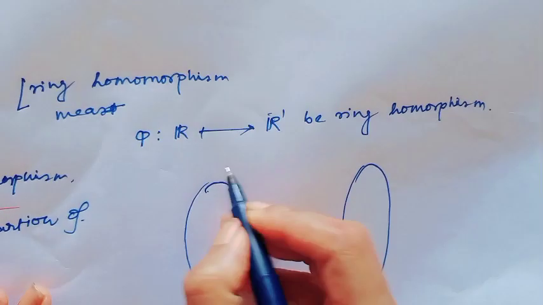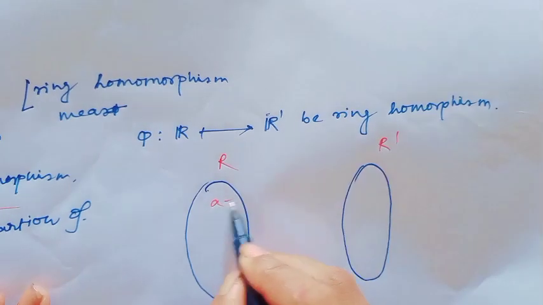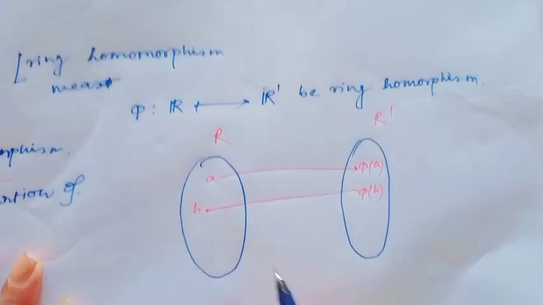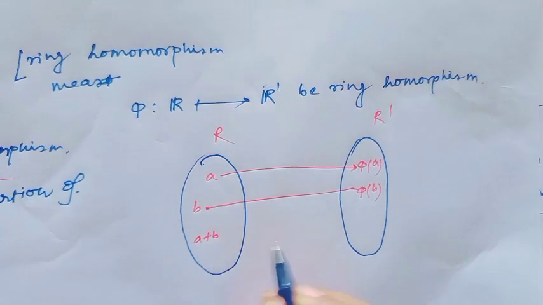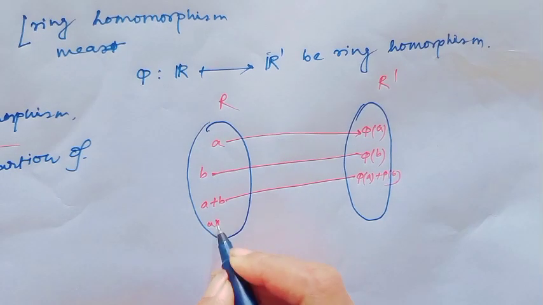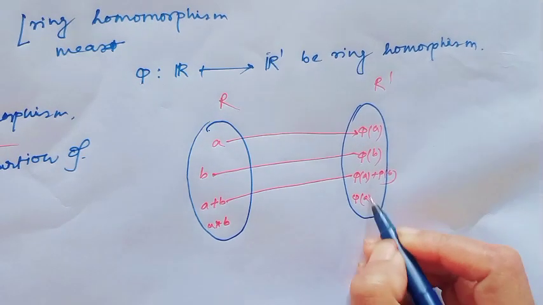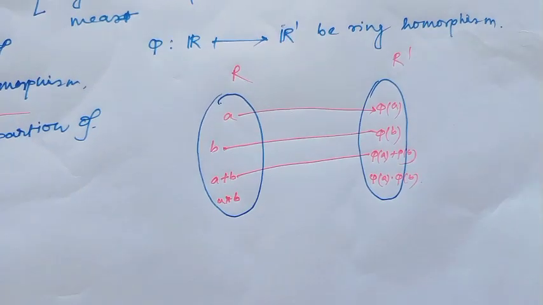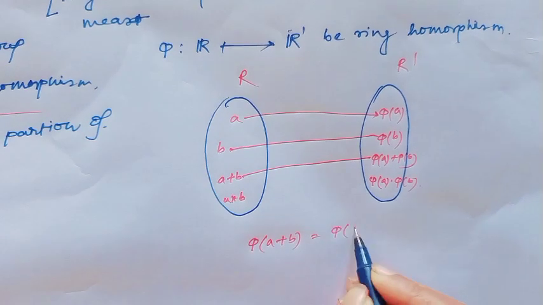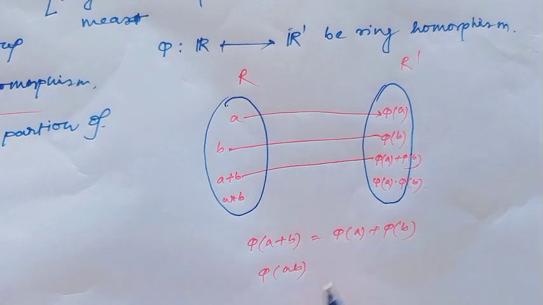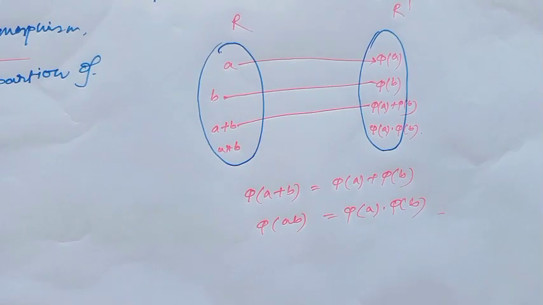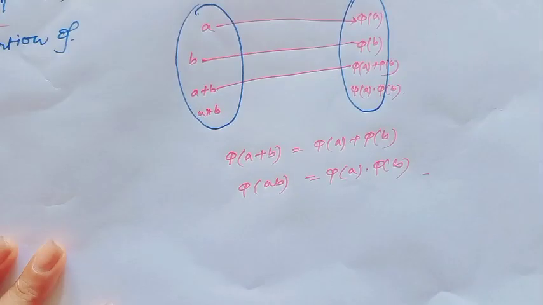That means a maps to phi(a), b maps to phi(b), and a plus b maps to phi(a) plus phi(b), and ab maps to phi(a) times phi(b). That is, phi(a+b) = phi(a) + phi(b) and phi(ab) = phi(a)phi(b). This is the ring homomorphism.